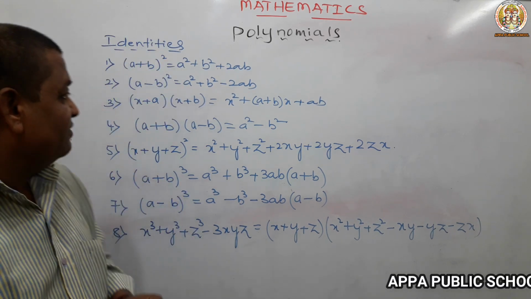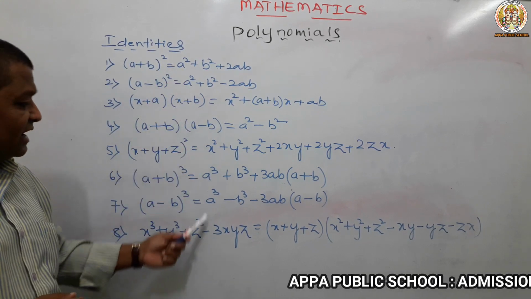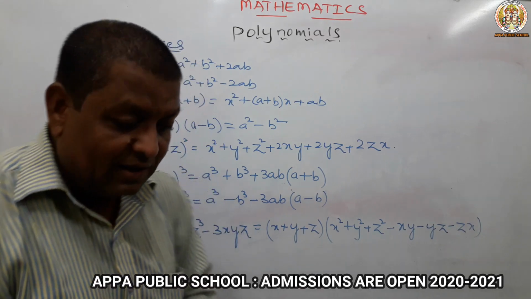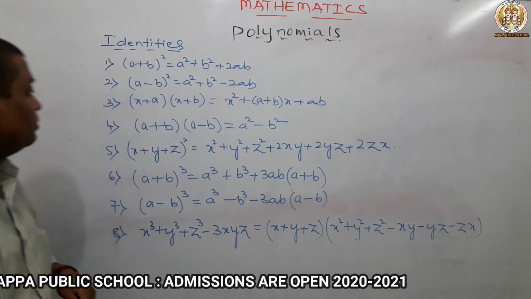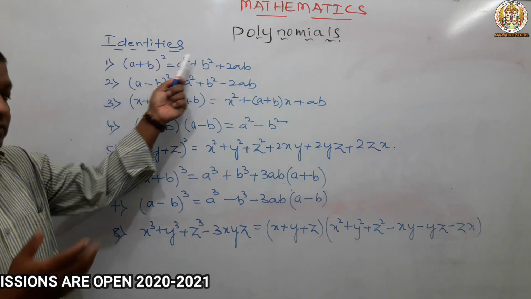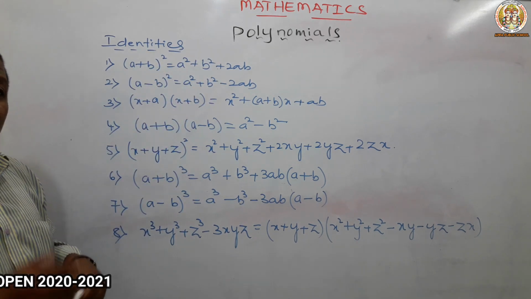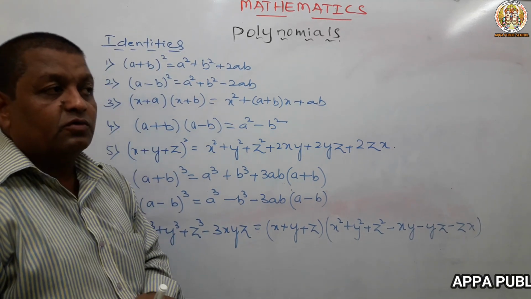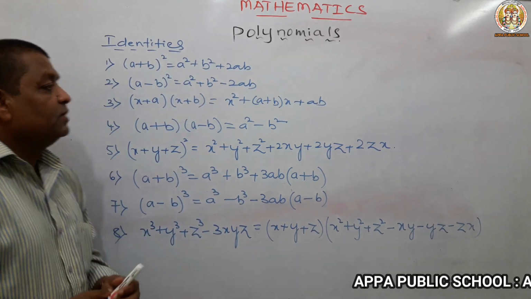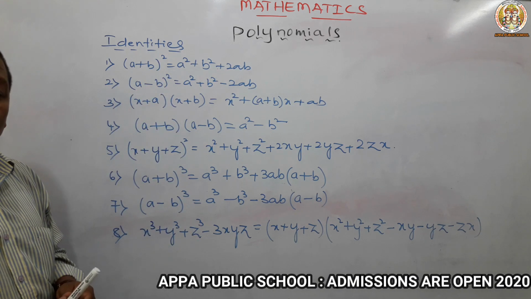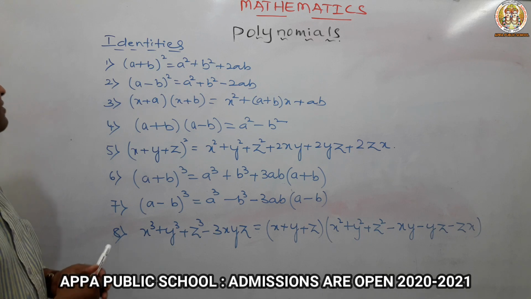Among those identities, I got a few which are useful for this coming exercise. If you are comfortable with x plus y whole square, then go with x plus y whole square. Or if you are comfortable with a plus b whole square, then use a plus b whole square. Let me tell the 8 identities we are using in this exercise.